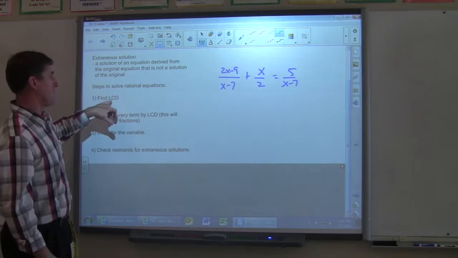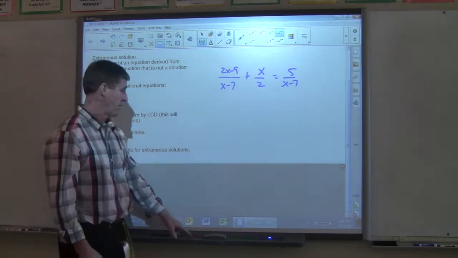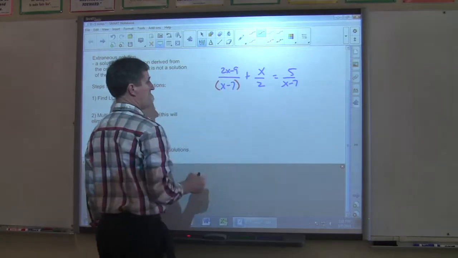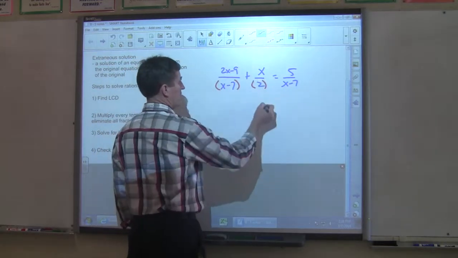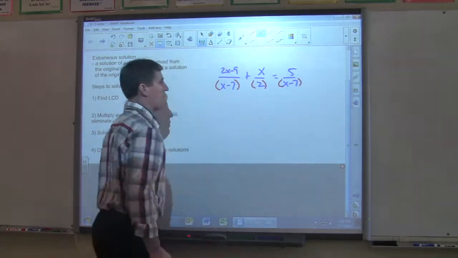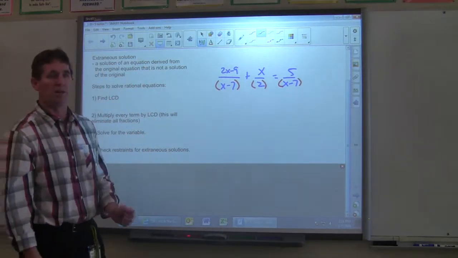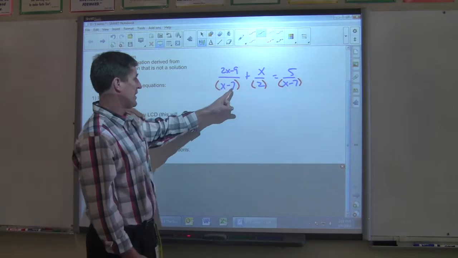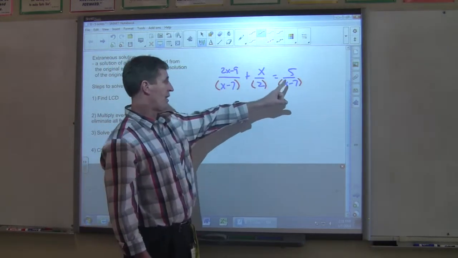So again, our first step is find our least common denominator. So we want to factor these denominators if we can, which we can't factor that, can't factor that. So now remember, when you find your least common denominator, you take every single factor. I have 1 x minus 7 here, none here, and 1 here.